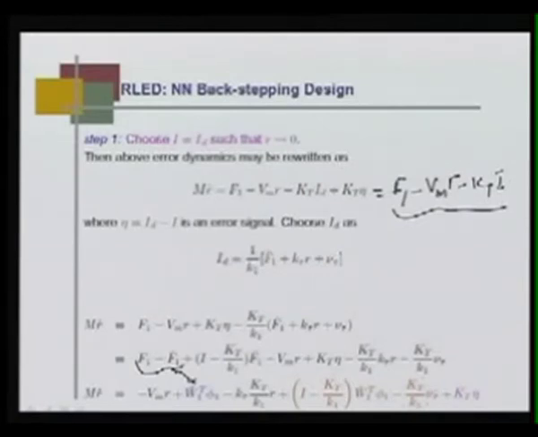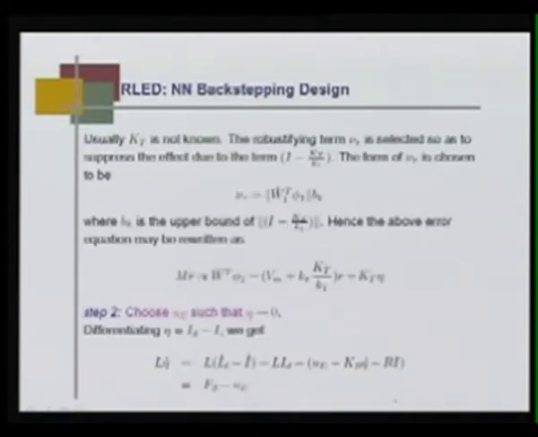So, I can always find some V nu tau in such a way that this term and this term can be cancelled out. So, the objective is to find this particular term, so this term first cancels out. Usually k T is not known.